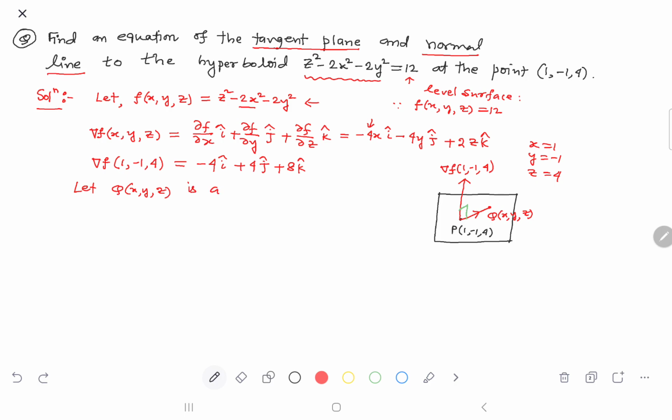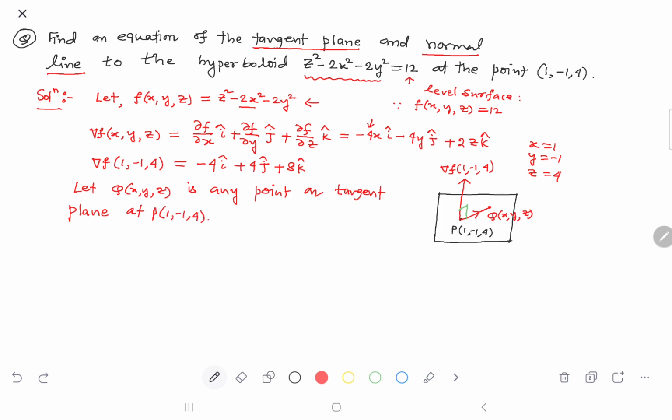So this is any point on the tangent plane at the point (1, -1, 4).